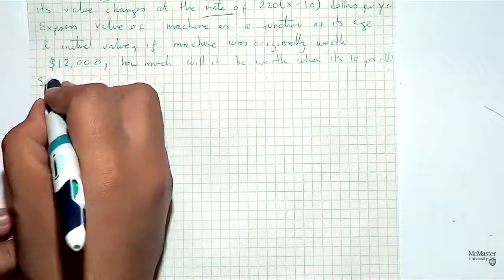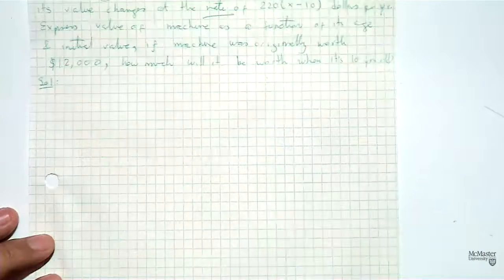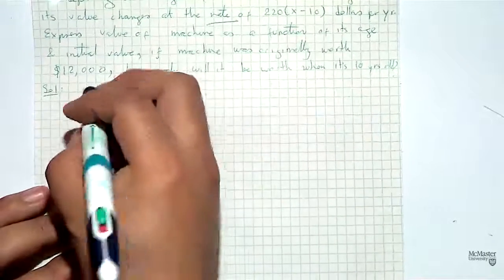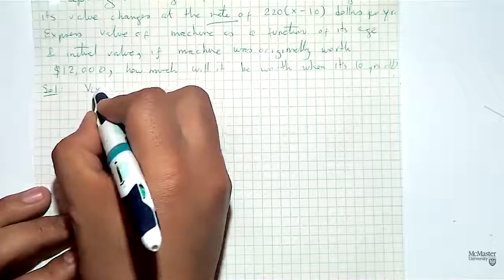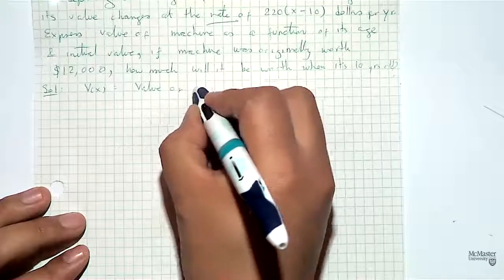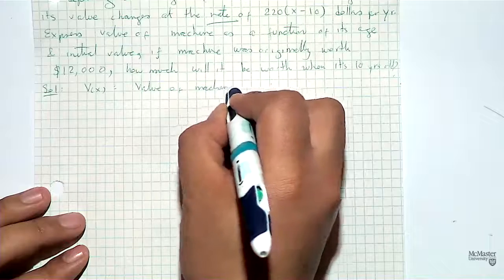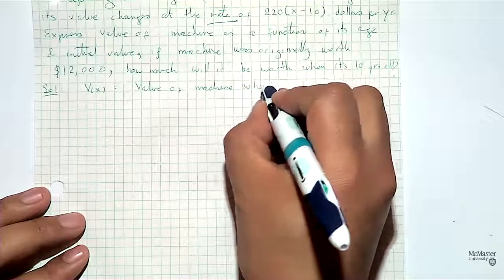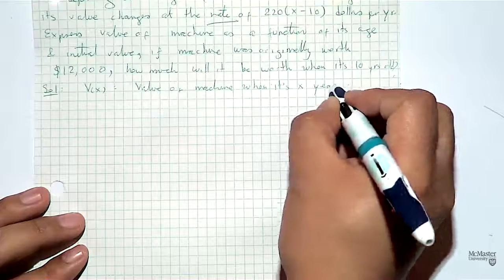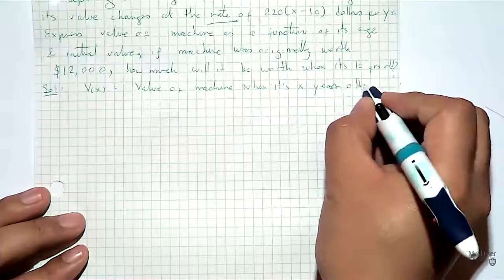So part of the problem is to state the variables that you have and to interpret the information that you're given. The solution starts by defining a function b of x, which is just the value of the machine when it's x years old. That is a pretty intuitive variable to define.